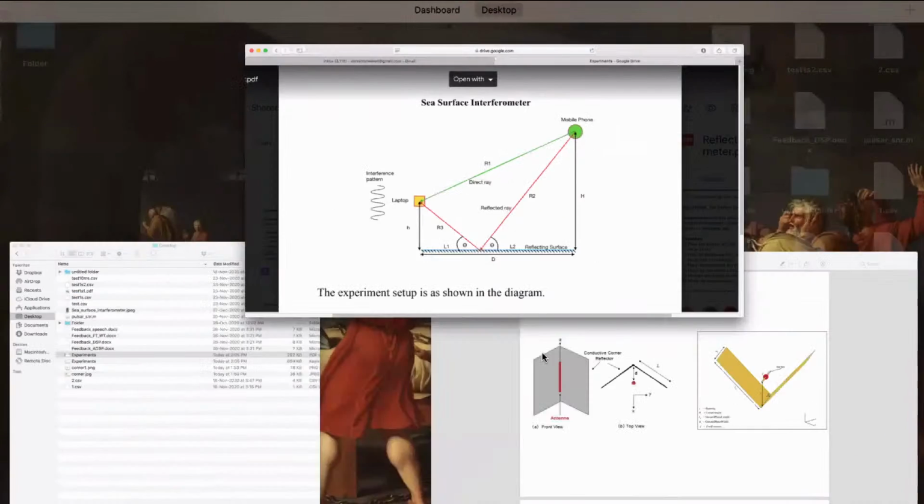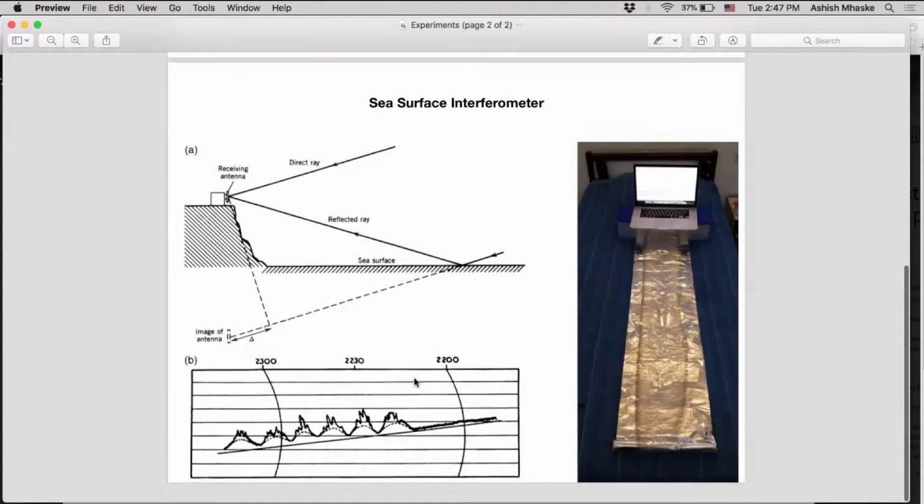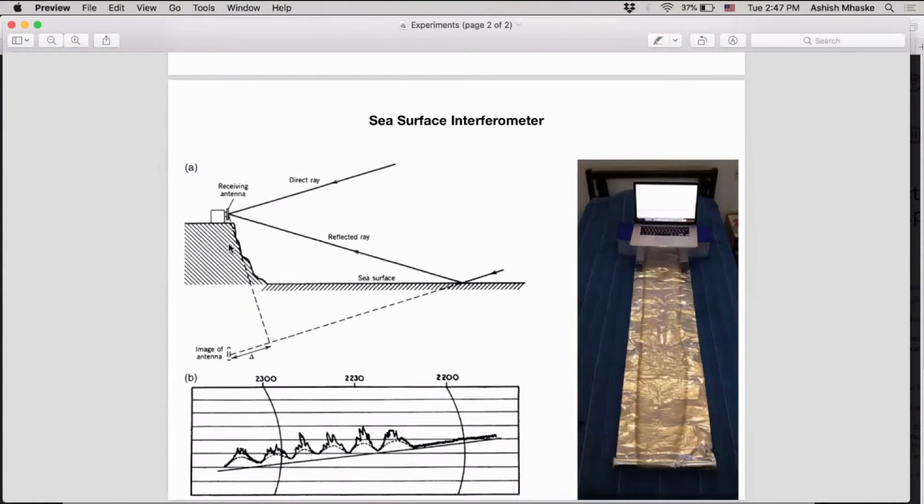On the left hand side, this is the schematic diagram of an observatory where you had a receiving antenna on a cliff, there is a sea surface in front of this setup, and the source is in the sky at a very far away distance.